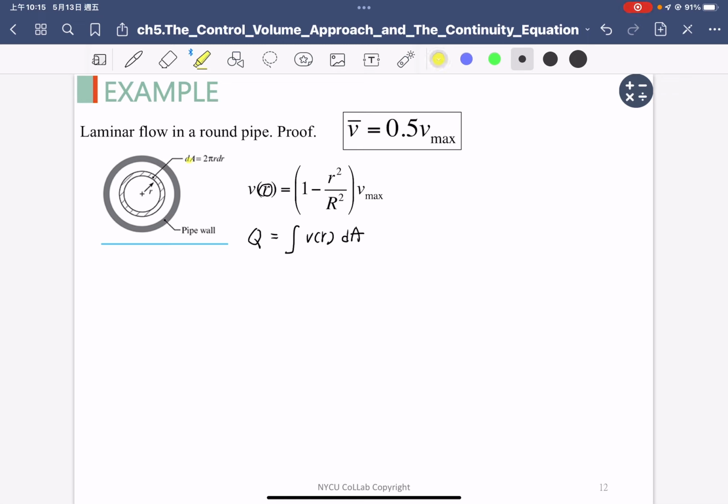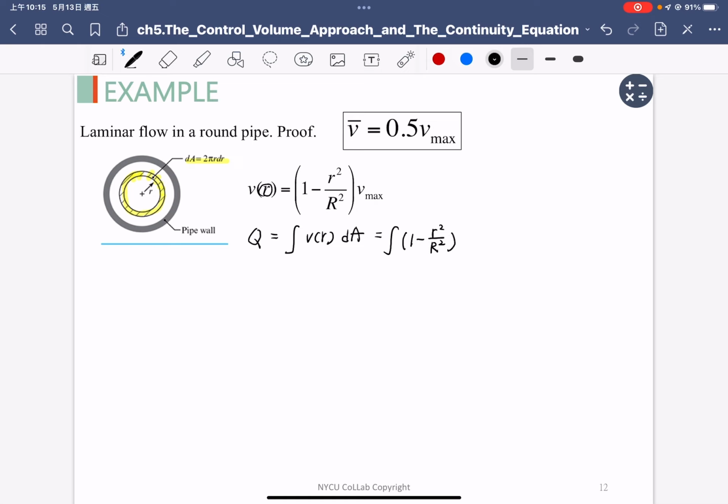And we need to know the small piece dA. As you can see showing here, as I mentioned, the cross-section area for the small piece is a ring shape. So the ring area is equal to 2 pi r dr. So we can rewrite the integration, putting the function in here: 1 minus r squared divided by capital R squared.